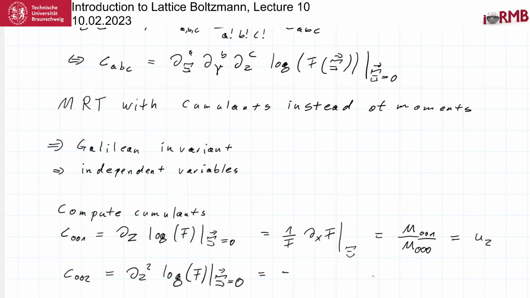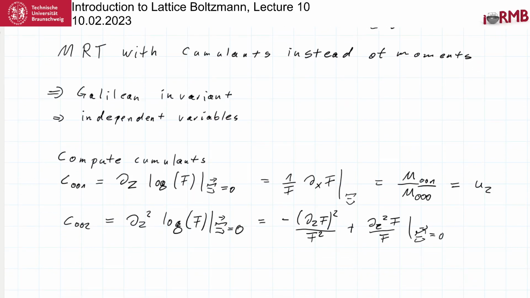When we do, we get d_z f squared divided by f squared, plus the second derivative divided by f, at xi equal to 0.